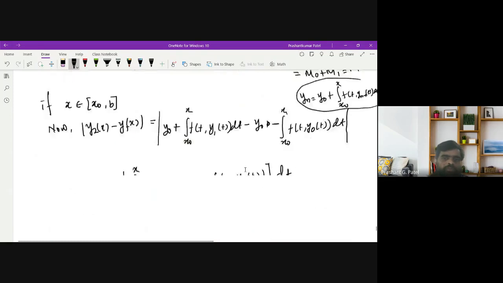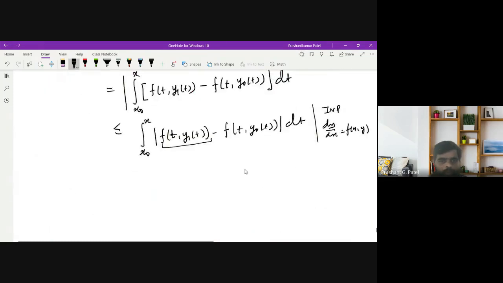So therefore we can say that this is less than or equal to the integral from x0 to x of k times mod of y1 minus y2 dt, where y1 and y2 are both functions of t.